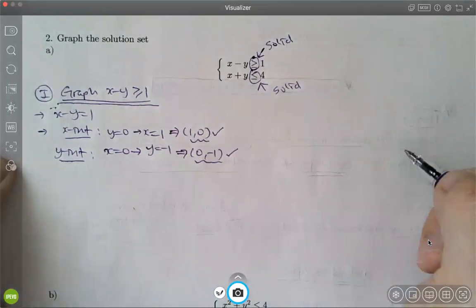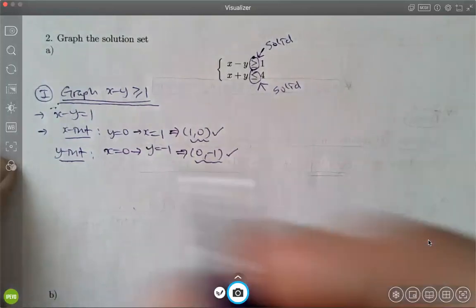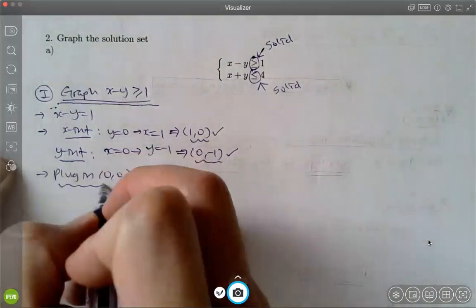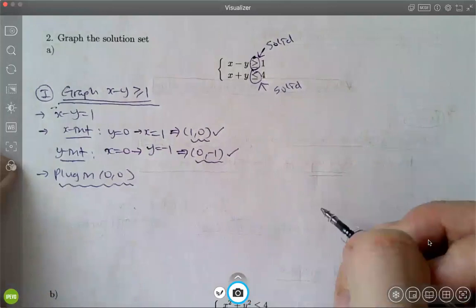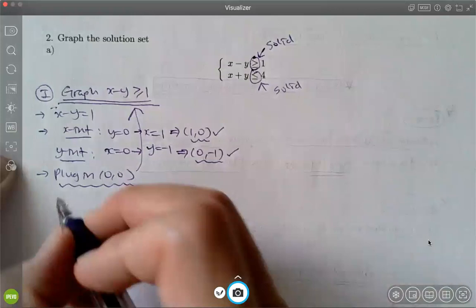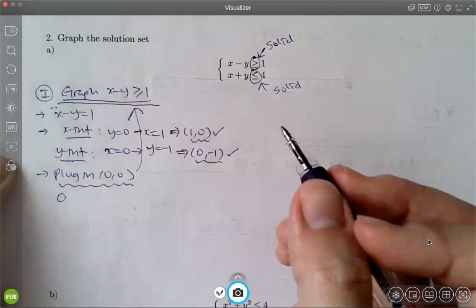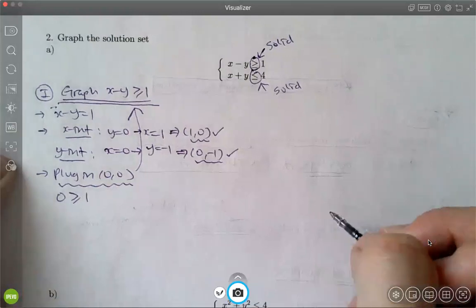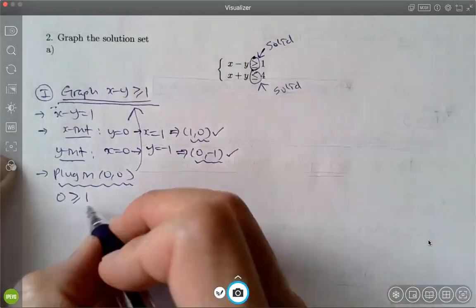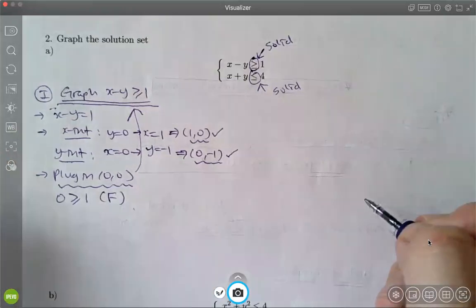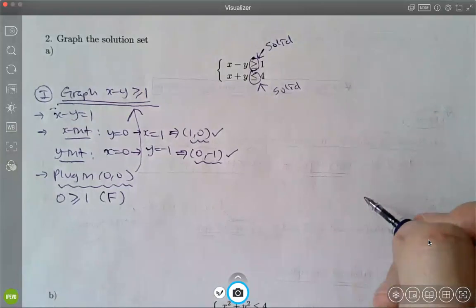And now, what do we do? Plug in the test point, 0, 0, into this inequality. So what do you get? 0 minus 0, which is 0, is greater than or equal to 1, and this one is obviously false, right? So we shade whichever region, either below or above the line, that does not contain the origin.